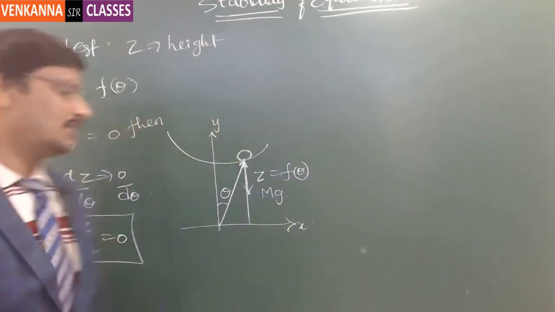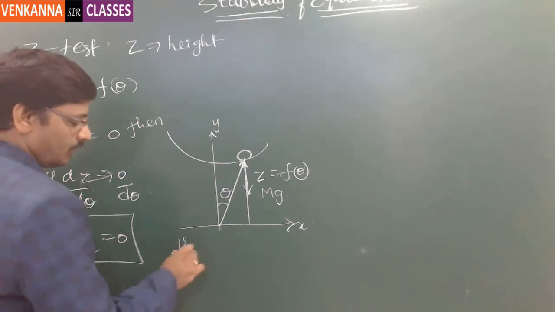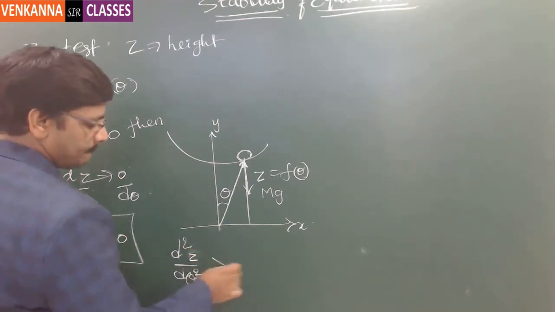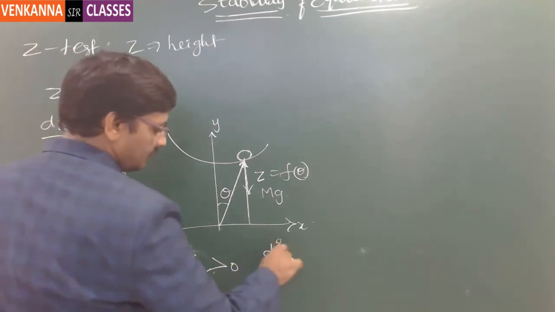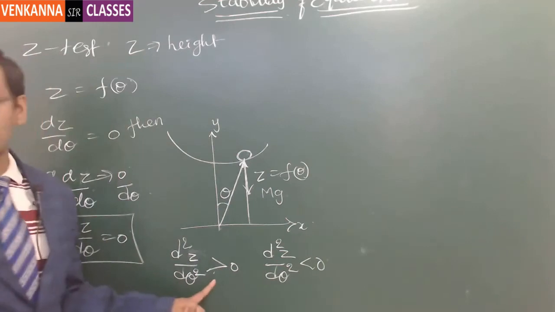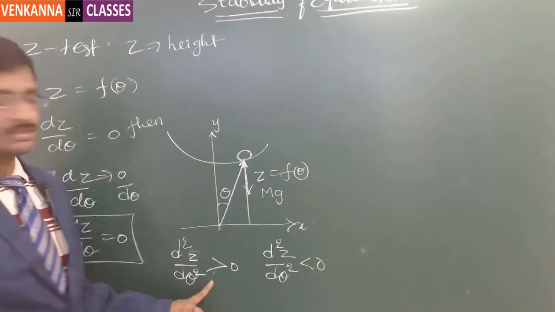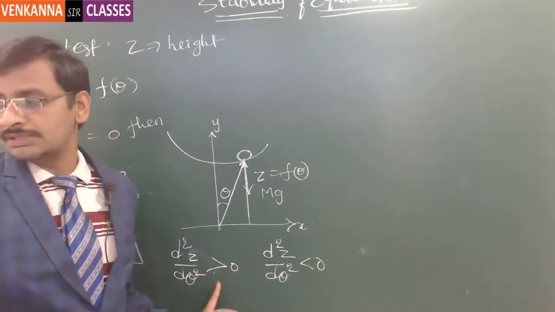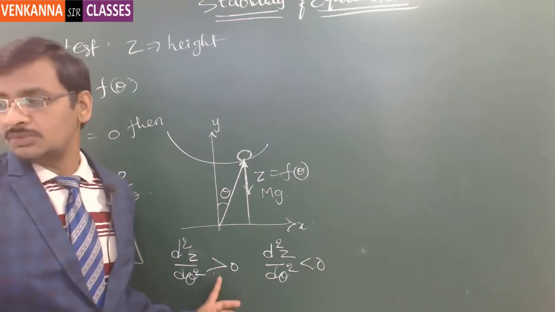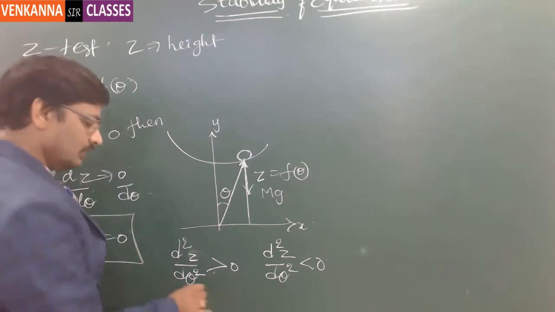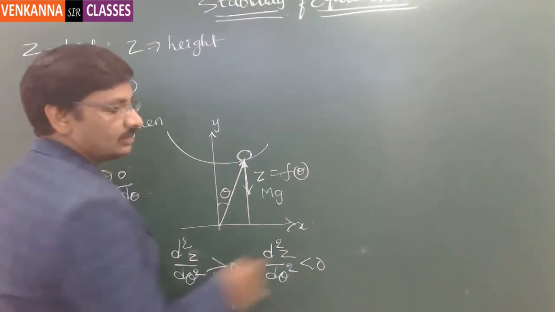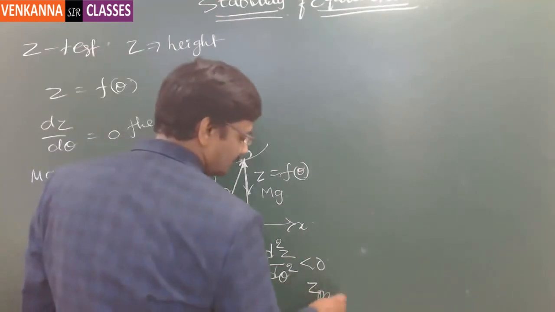It may be positive or negative. In this particular case, the second derivative is going to be positive. If the second derivative is positive, then the possible value is only Z min. And if it is negative, Z is max.